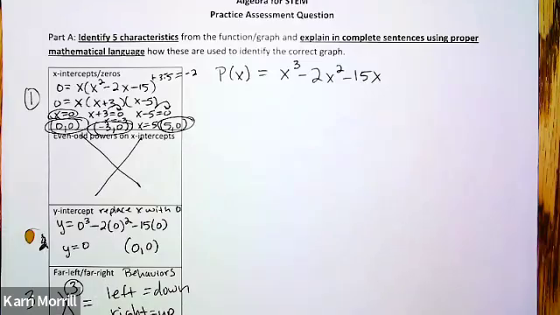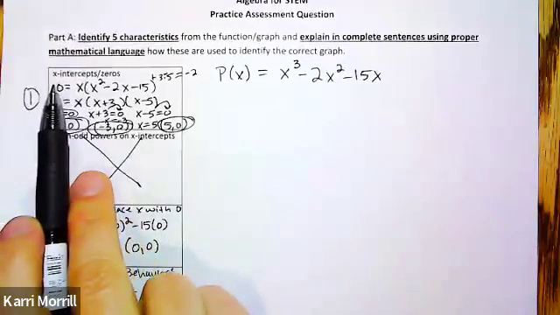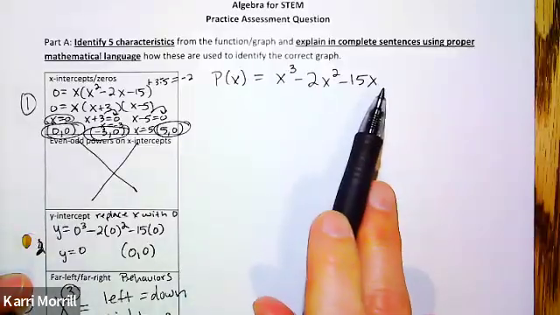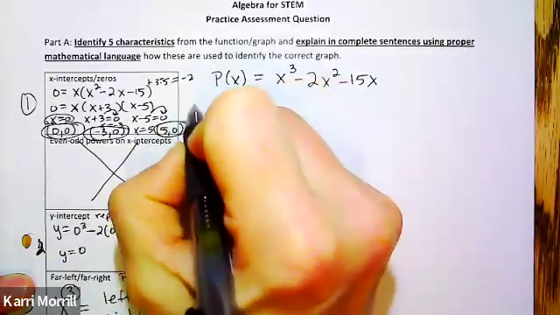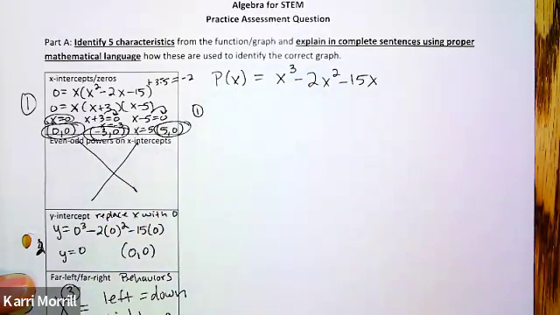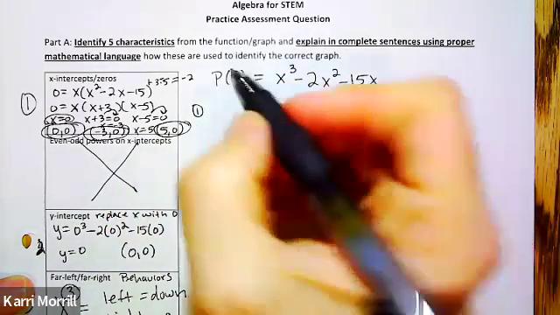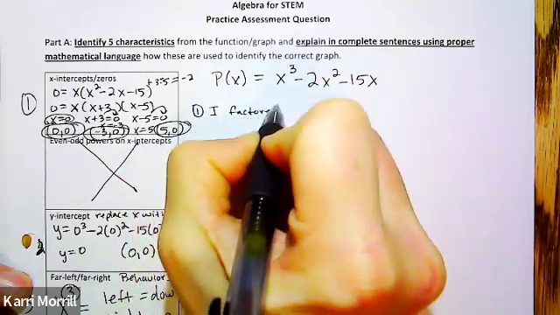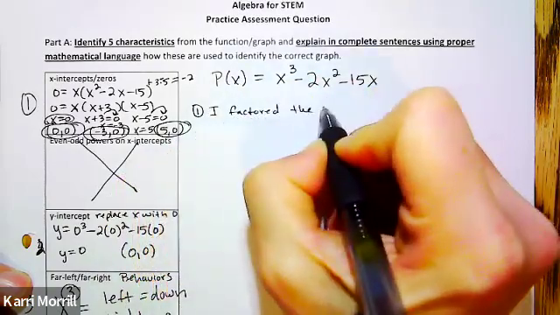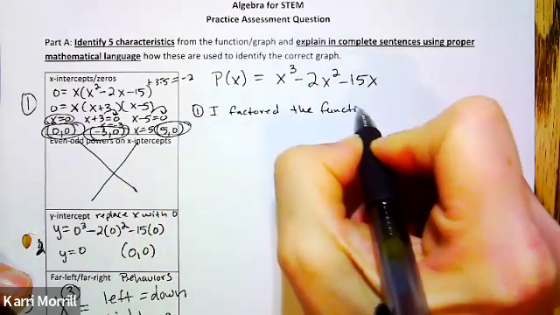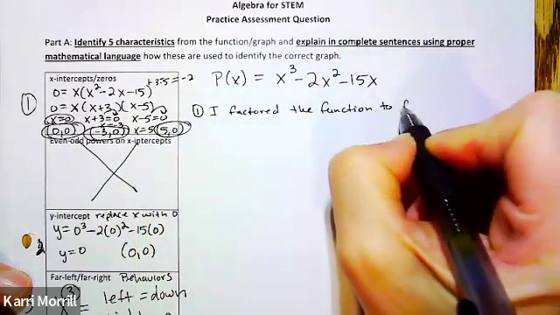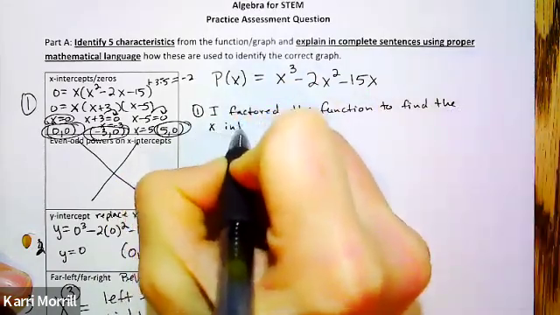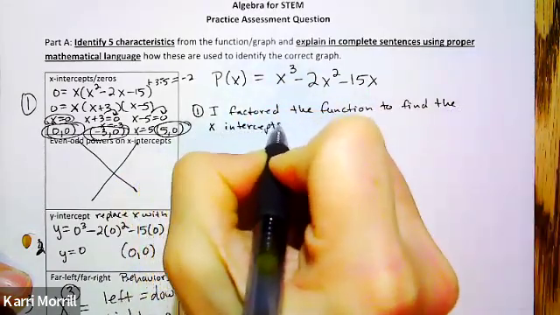So for instance, for the x-intercepts, the zeros of this function that we were given, I would just state, and it doesn't have to be super detailed, I factored the function to find the x-intercepts for the graph.